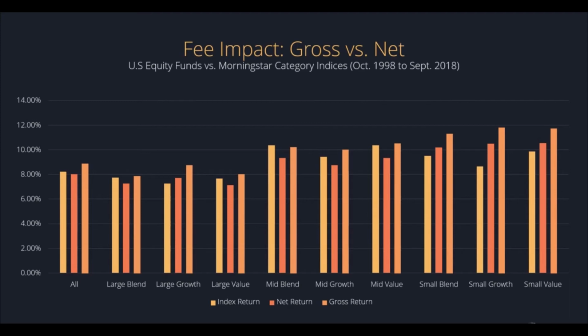And what you can see is across almost all of these categories here, the gross return is beating the index return. What does this imply? This implies that there is some skill involved in active managers. They are able to outperform in a lot of cases if you take fees out of the equation.